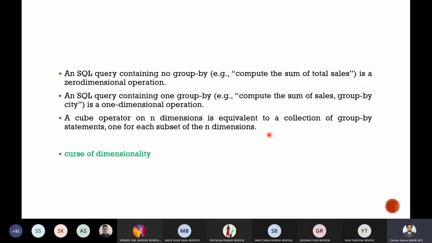You might require an extreme amount of storage space, especially when the cube has many dimensions. The storage requirements are even more excessive when these dimensions have concept hierarchies. Concept hierarchies, if you remember, we studied in the last class, where from the lowest hierarchy you can reach the highest hierarchy.